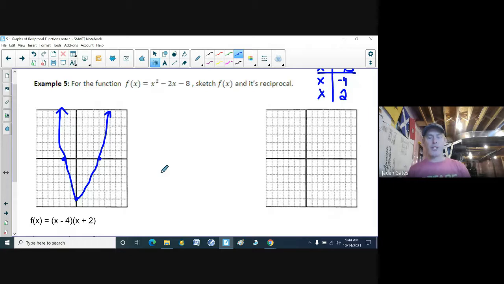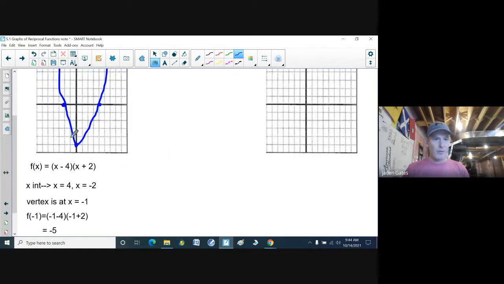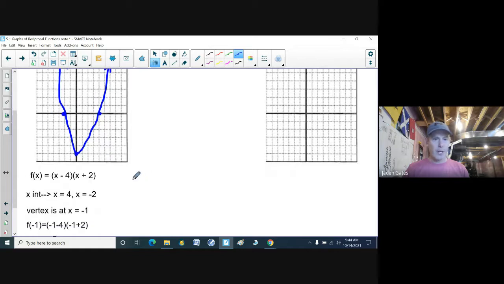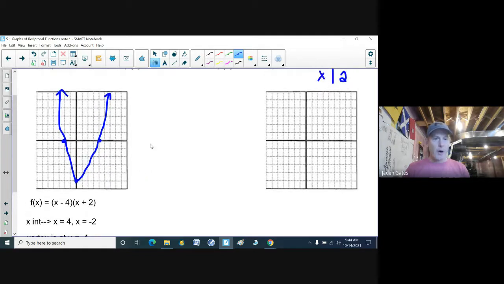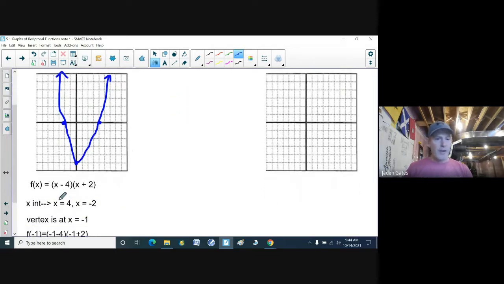Now I'm going to sketch its reciprocal. We've got the original function in there. I guess I should get some points too. Yeah, I probably need a point or two, don't we? Well, first off, x-intercepts of x equals 4 and x equals -2.